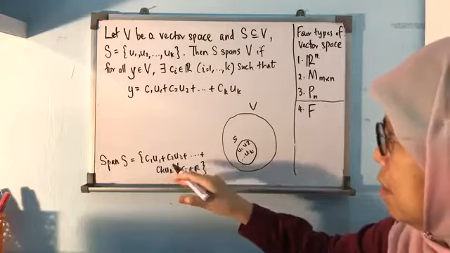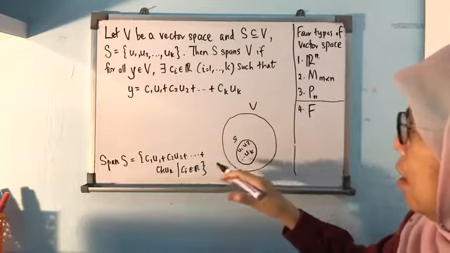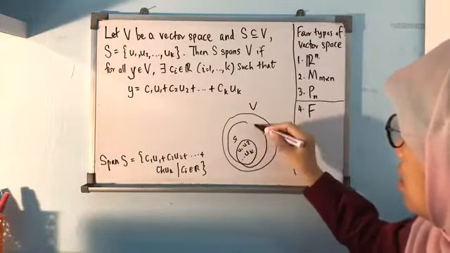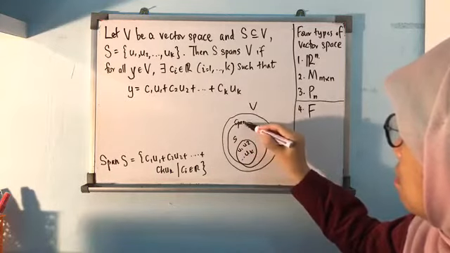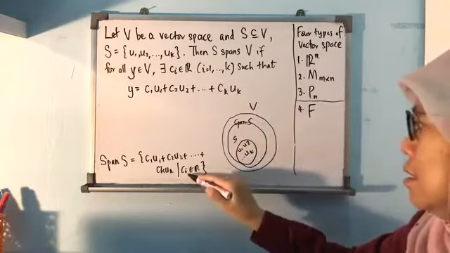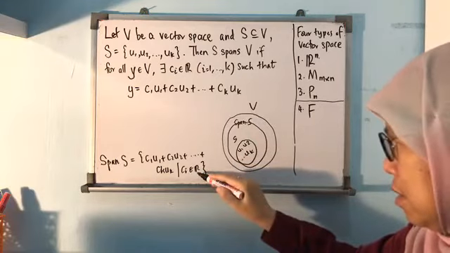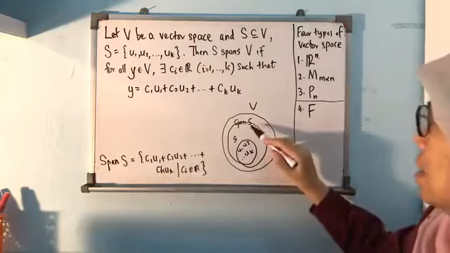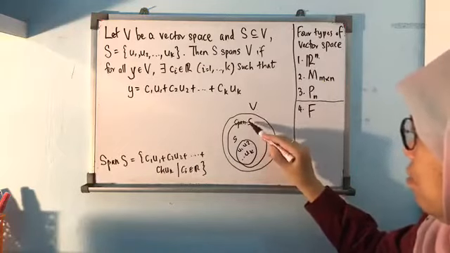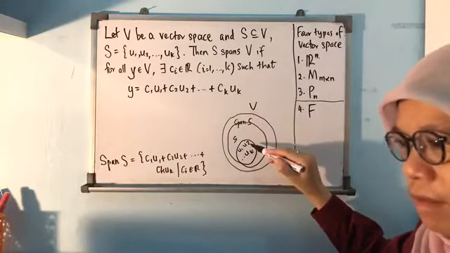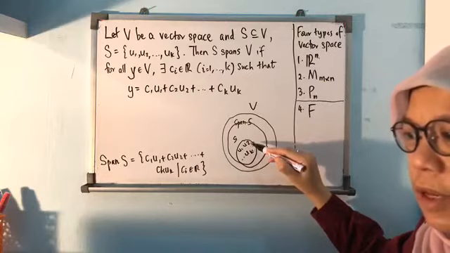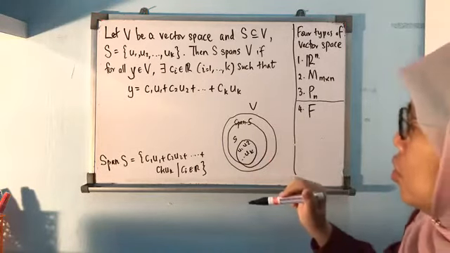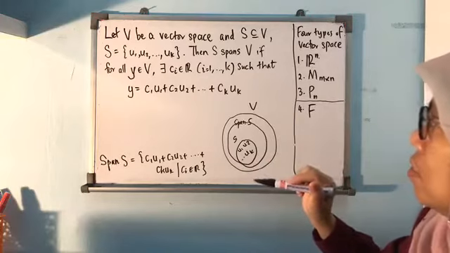This is C sub K UK, and the combination becomes span S, bigger. And since Ci is all real numbers, this is infinite. Okay, this is infinite, this is infinite, this is infinite, this is finite. Understand?